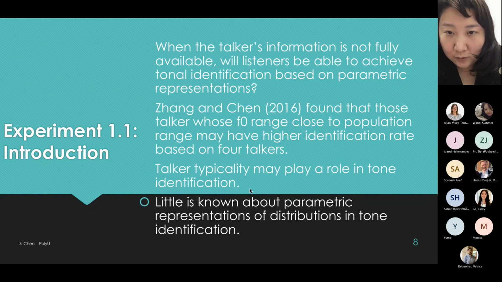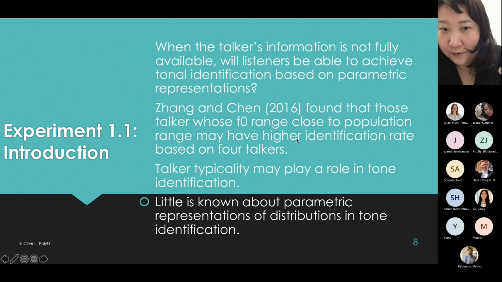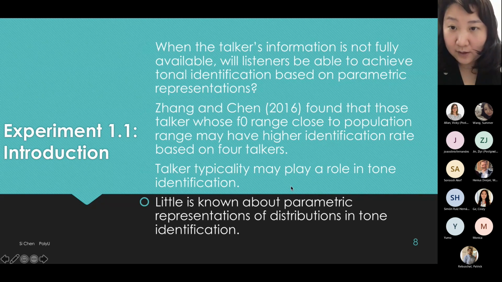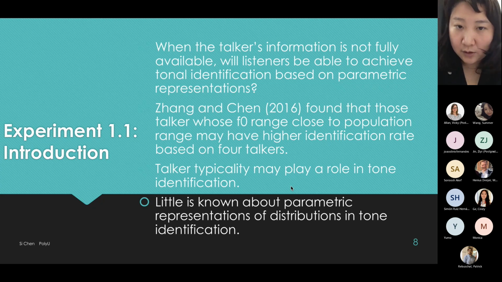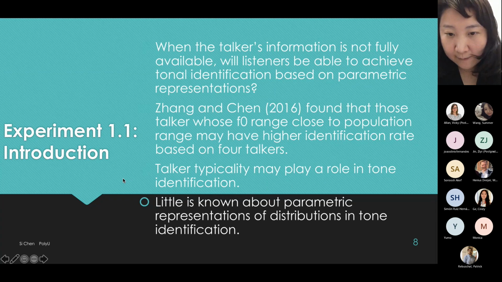In one of the earlier studies we have done, we found that even if you do not have the talker's information, you are still probably able to make some judgment. The judgment will probably be based on talker typicality, so how typical the talker is.